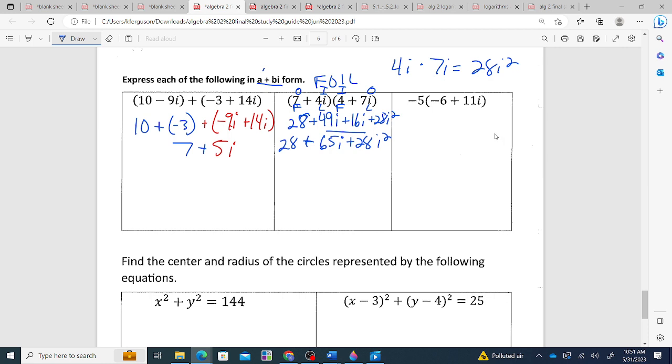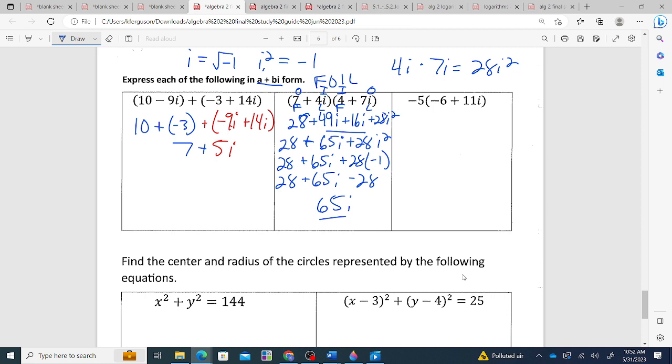What is i squared? i squared is negative 1. i equals the square root of negative 1, so i squared equals negative 1. That's the whole point that they use i for, so you can have negatives under your radical. So that's going to be 28 plus 65i plus 28 times a negative 1. So that's going to be 28 plus 65i minus 28. The 28s cancel each other out, so I'm left with 65i. That's my answer.